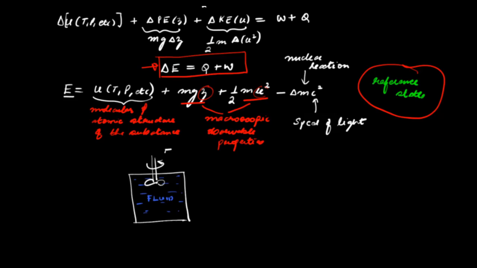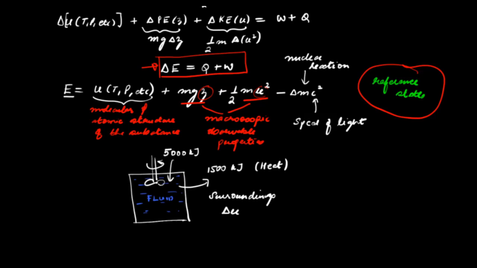And let's say paddle wheel does 5,000 kilojoules of work to the system. And in this case, we do not have insulated walls, and in the process, let's say 1500 kilojoules of heat is transferred from the tank to the surroundings. Then the question is to determine the change in internal energy of the fluid.